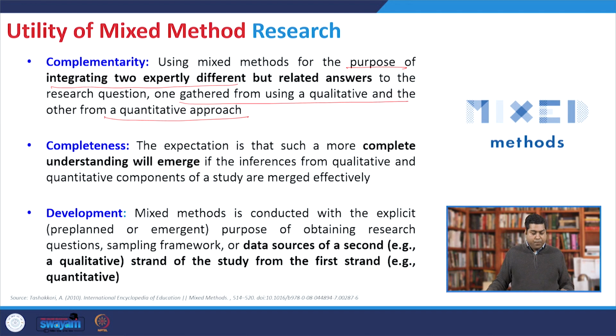Next pointer is completeness. The expectation is that out of mixed method, a more complete understanding will emerge if the inferences from qualitative and quantitative components of the study are merged effectively.